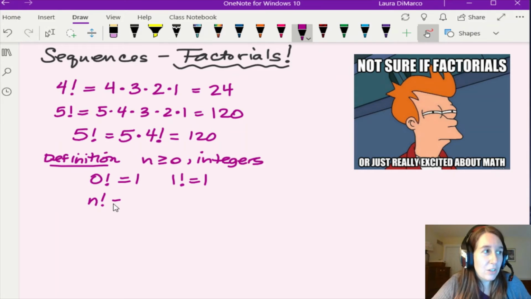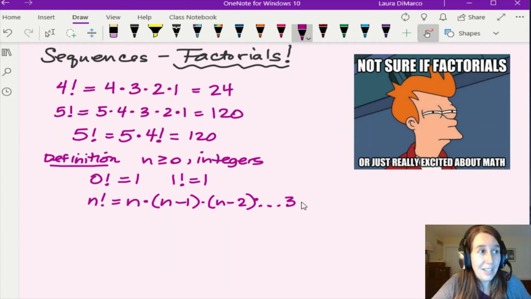So n factorial will be n times n minus 1 times n minus 2, dot, dot, dot, times 3 times 2 times 1. That's n factorial.